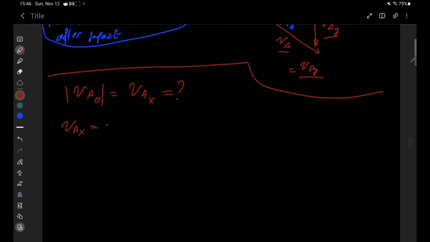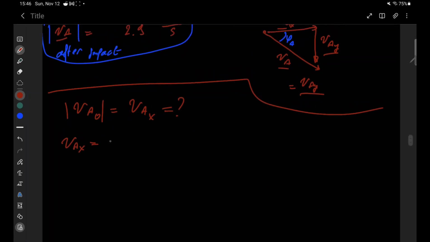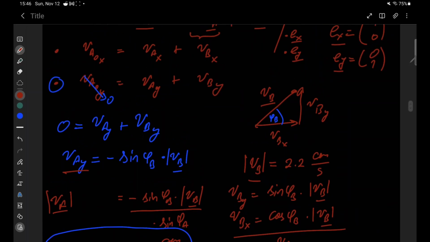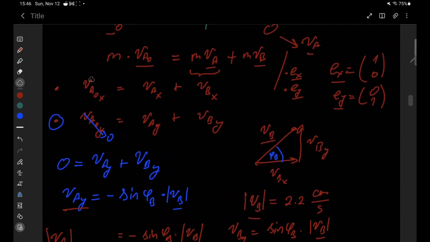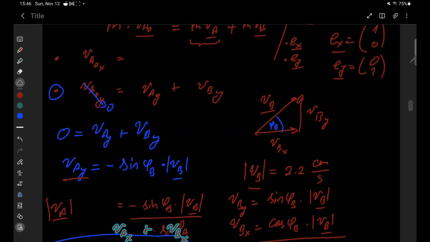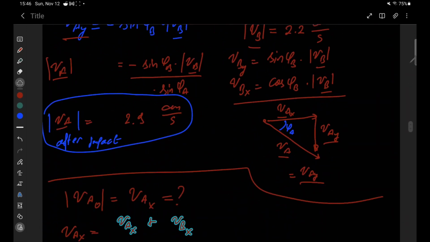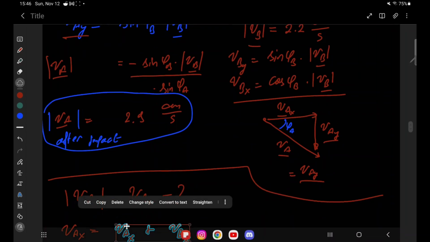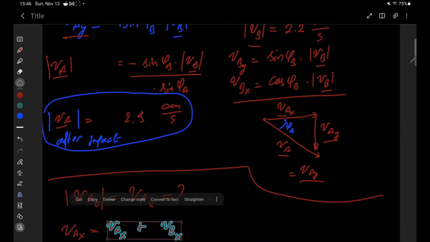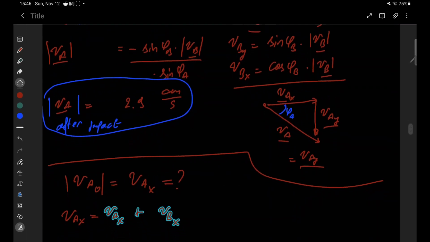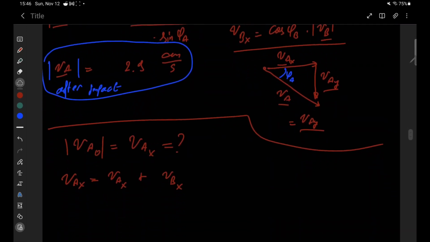So our VAX will be, let me just take it like this. Oh, come on. Let's look at over here.